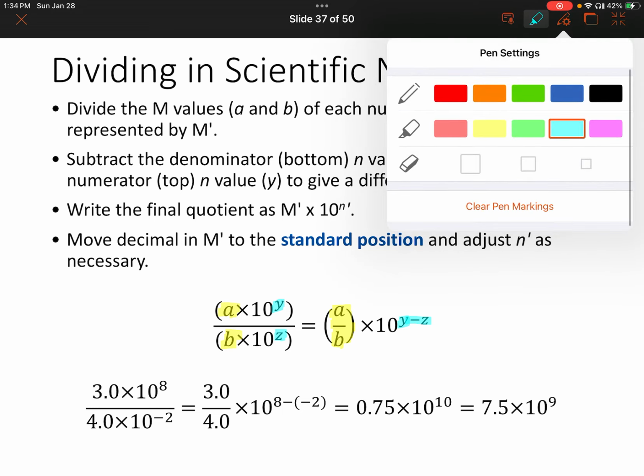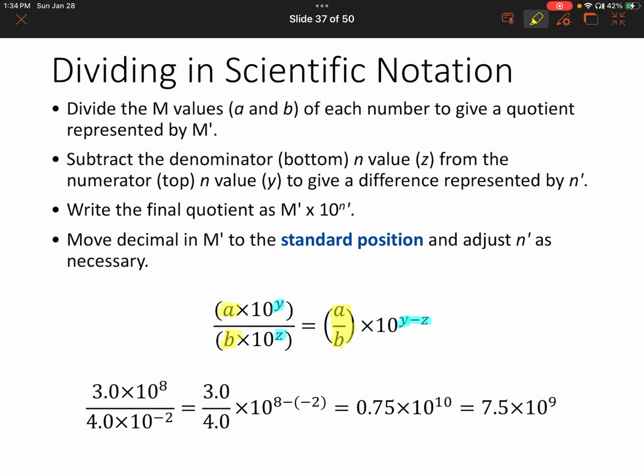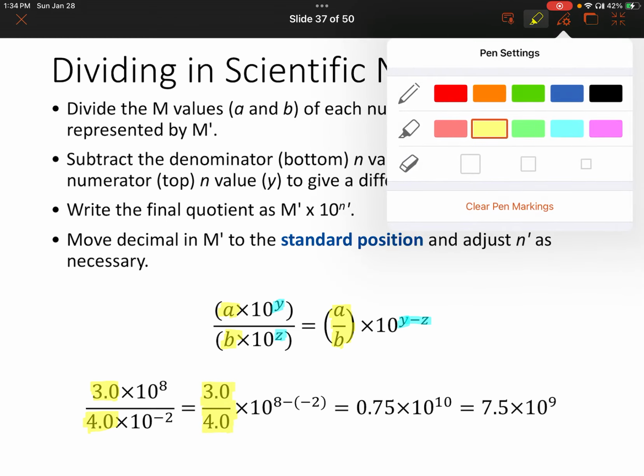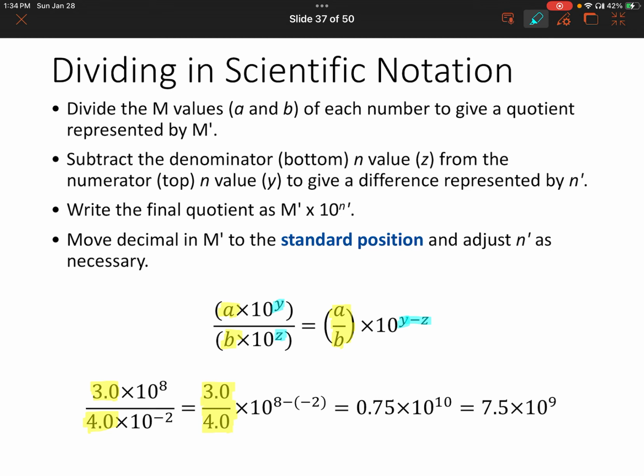So down below, I have two actual values. They're the same values from before, but let's say we want to divide them. So we're going to divide 3 by 4, and we're going to subtract -2 from 8.